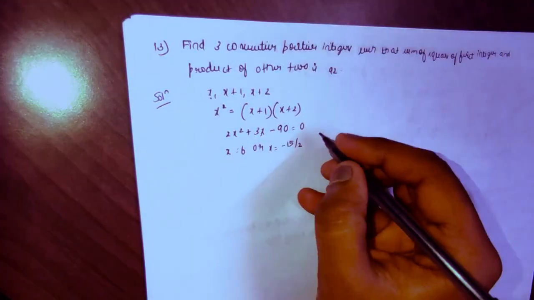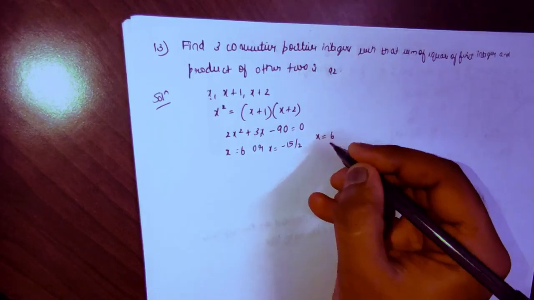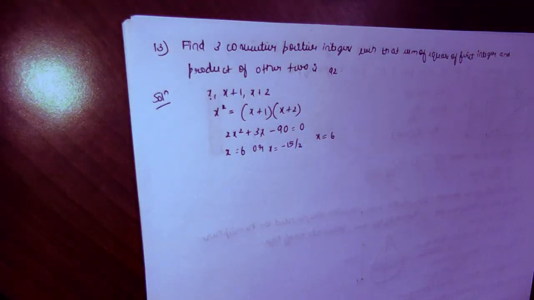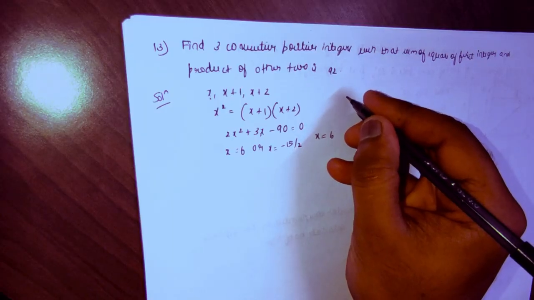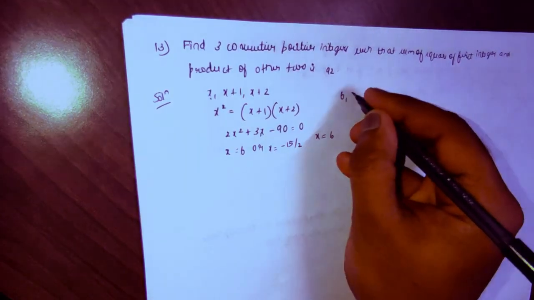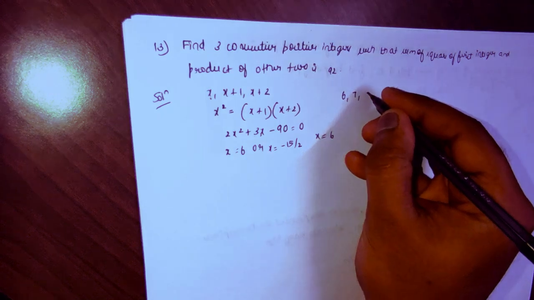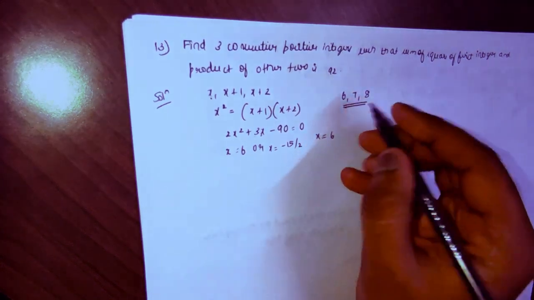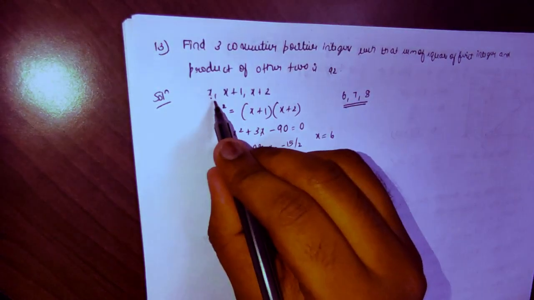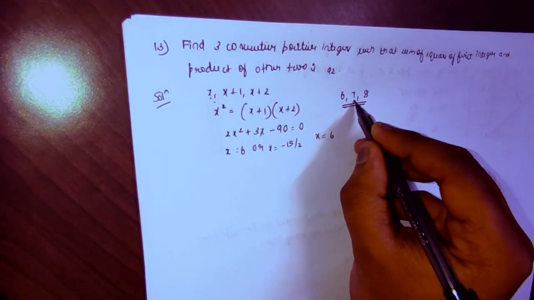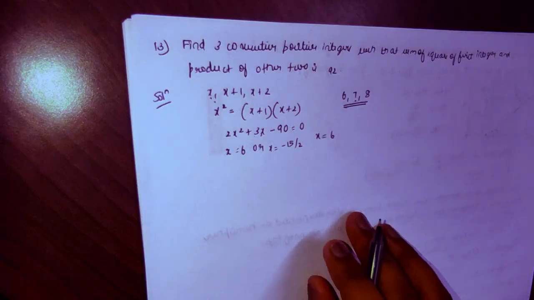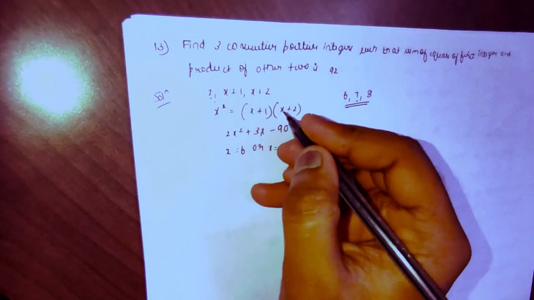We know the value of x cannot be negative, so we are taking the value of x is equal to 6. So by this we observe that the three consecutive integers are 6, 6 plus 1 that is 7, 6 plus 2 that is 8. So the square of 6 is 36, and the product of 7 and 8 is 56.